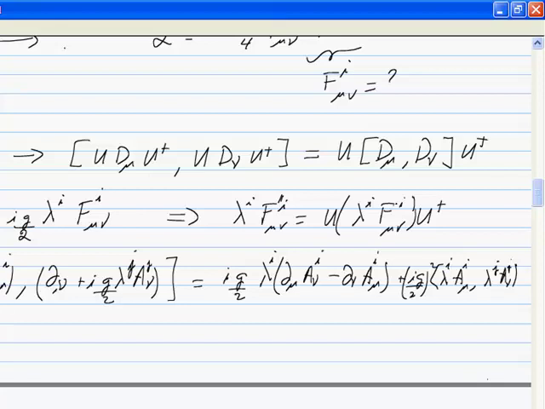Well, this is lambda i commuted with lambda j. So this is a typical commutator, 2i f i j k lambda k, and the A mu i, A nu j carries down there.